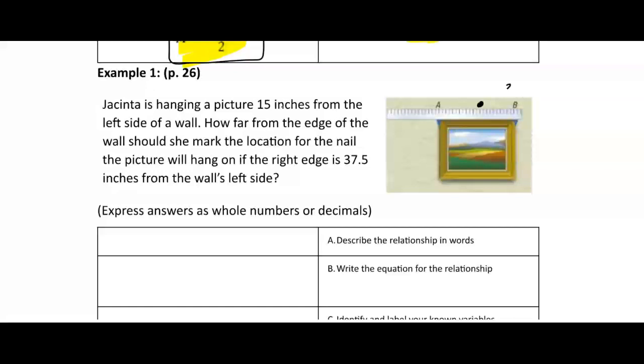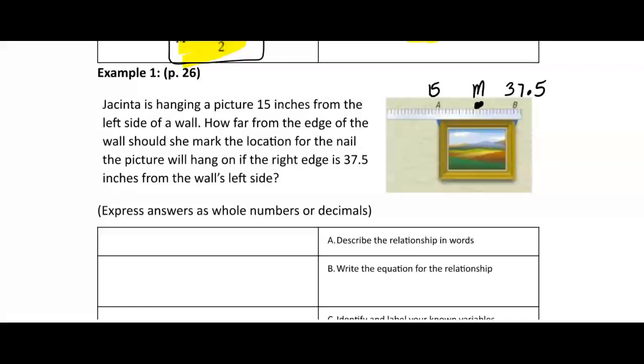So I like to annotate my diagram whenever possible. The far right edge is 37.5, and they tell me the left edge is 15 inches from the wall. And I want to find the point the nail will go in the middle of the picture. It's going to be my M point.